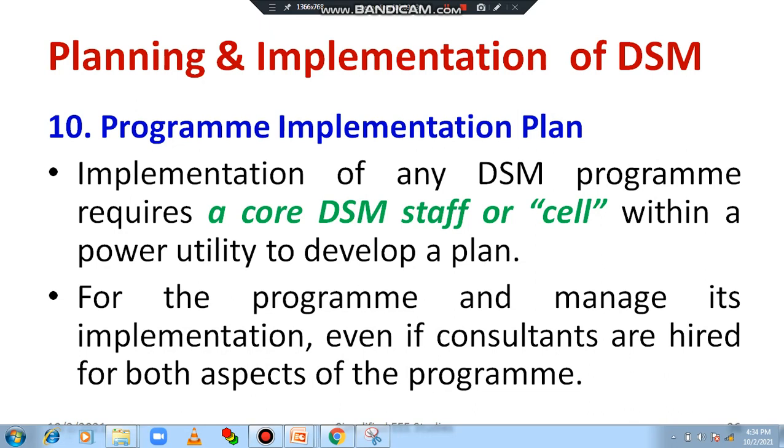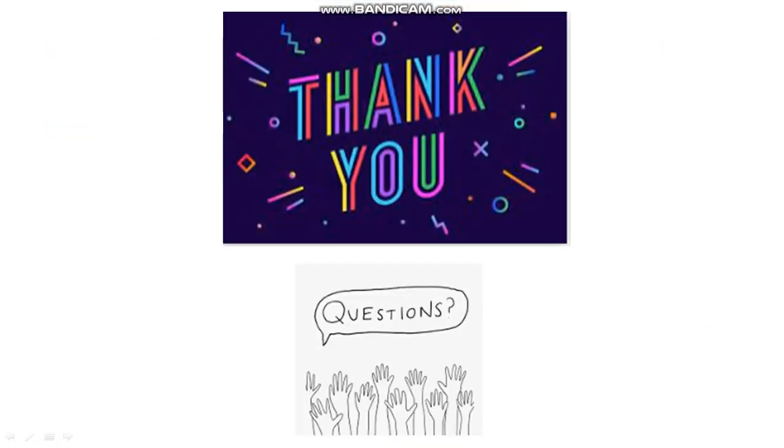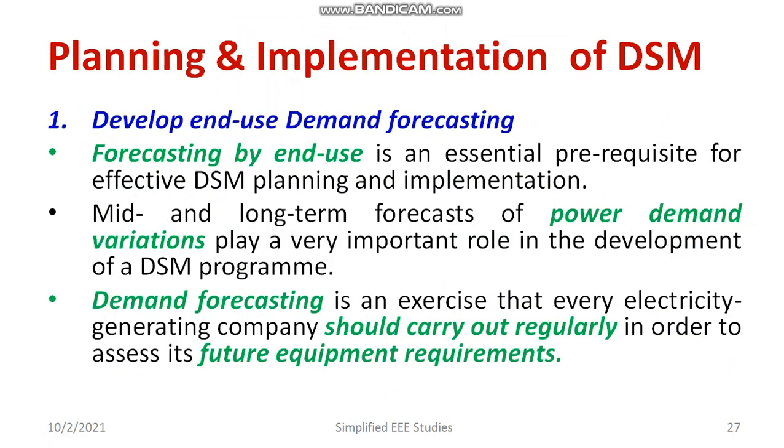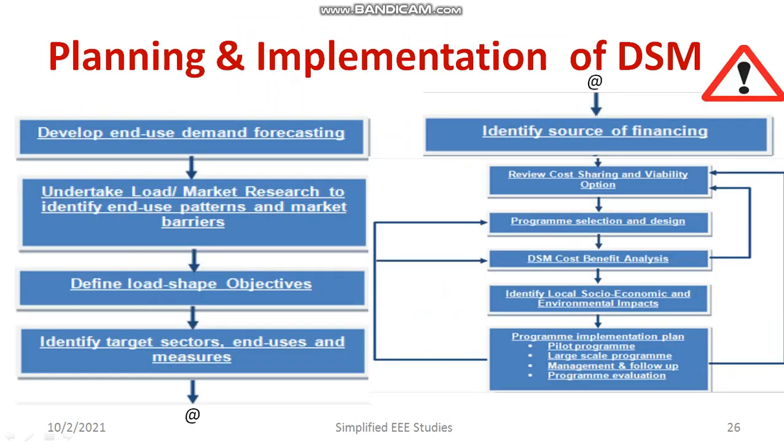So you have to remember the flow chart. You can have a look at it. There are 10 major steps. Suppose the DSM cost benefit analysis fails, or is not fine or not in a proper manner, it will go back to review of cost sharing and viability, to check the viability once again.